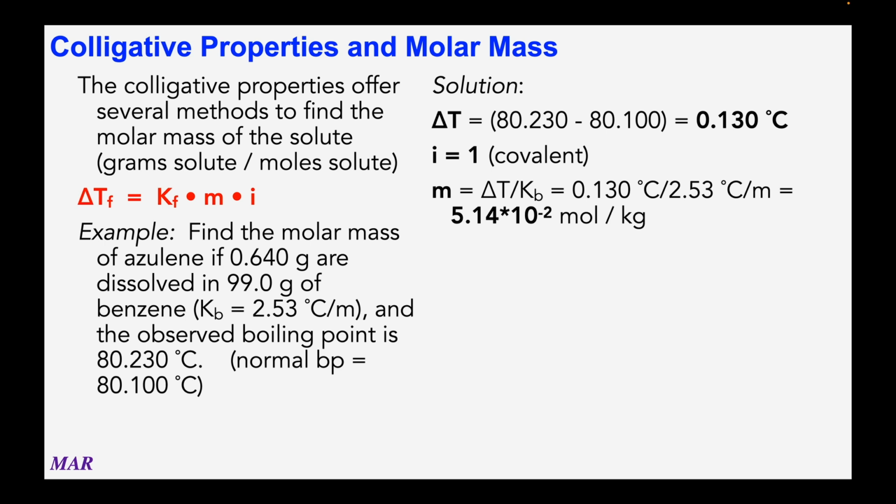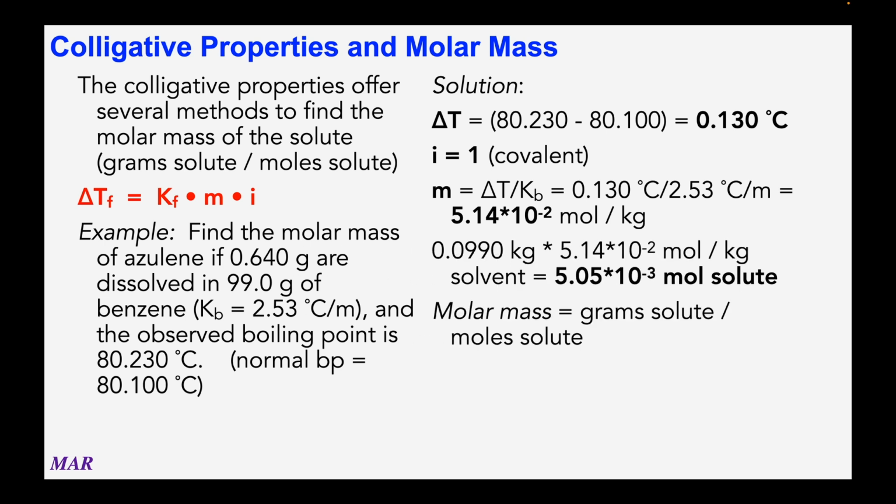When you figure this molality out, it's 5.14 times 10 to the minus 2 moles over kilograms. Now, moles is going to be moles of solute, moles of azolene, and kilograms is going to be kilograms of solvent, kilograms of benzene. So if you take the molality and multiply by the kilograms of benzene, 99 grams divided by 1,000 is 0.0990 kilograms.